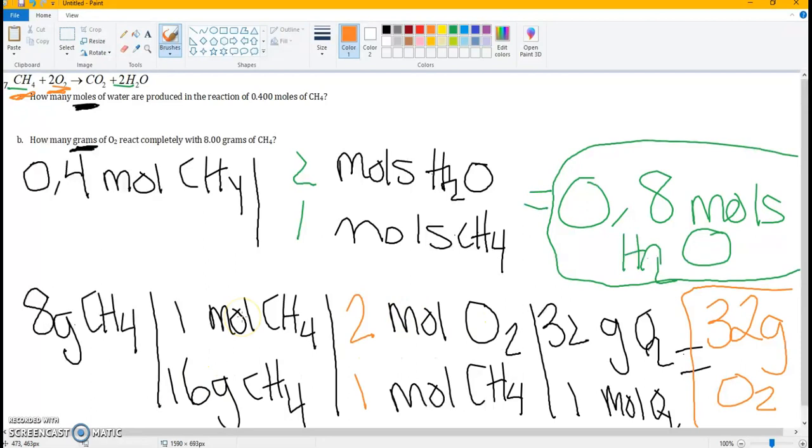Grams to moles comes from the periodic table, moles to moles comes from my balanced chemical equation, and moles to grams comes from the periodic table, which gives me 32 grams of oxygen is required to react completely with CH4 so that there are no reactants left over. That's what the word completely means. It means there are no reactants left over.